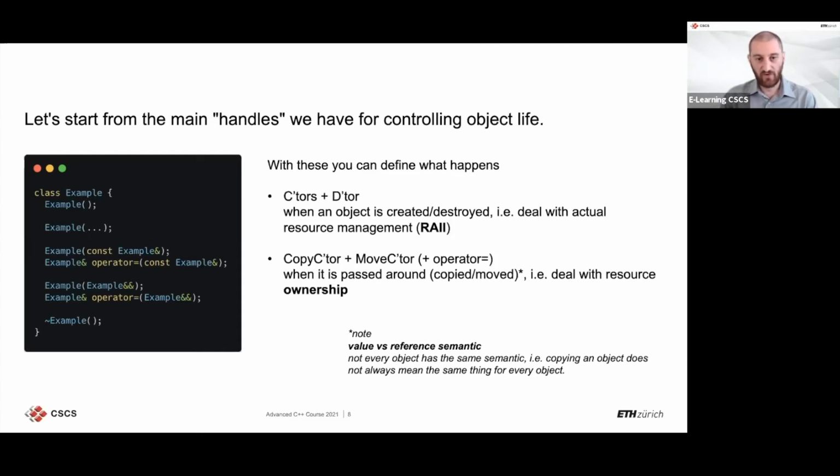I won't go very deep in this, but just to get an idea, a copy for an object may mean cloning an object, so creating a clone which is completely independent from the one from which you call the copy. But it can also mean just sharing the same resource.